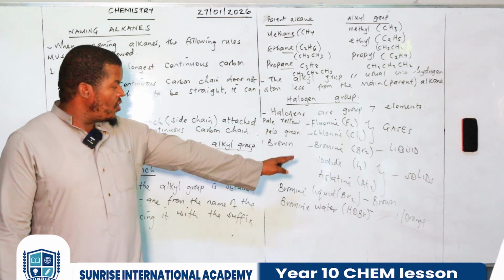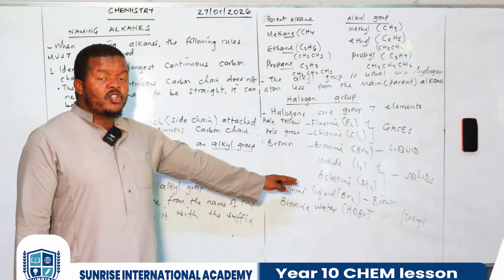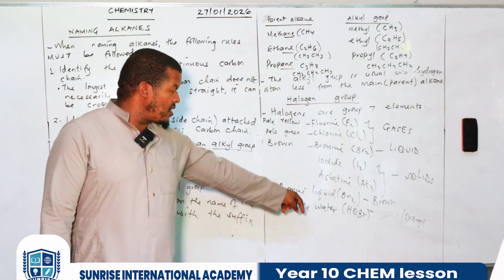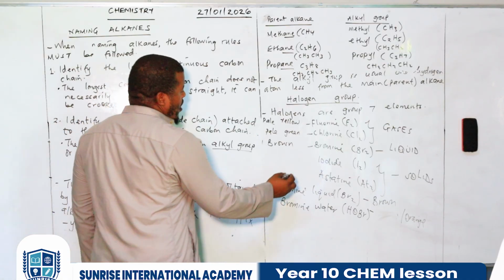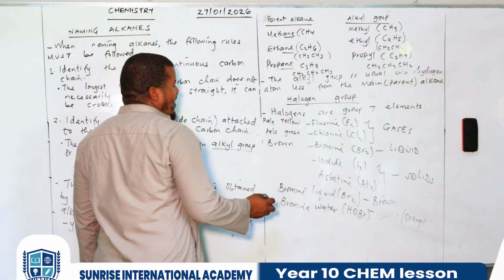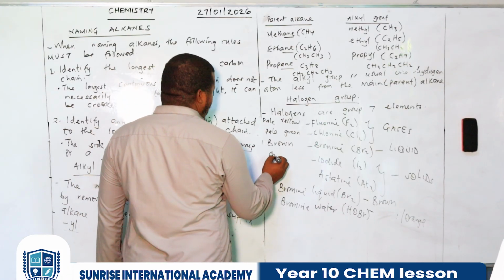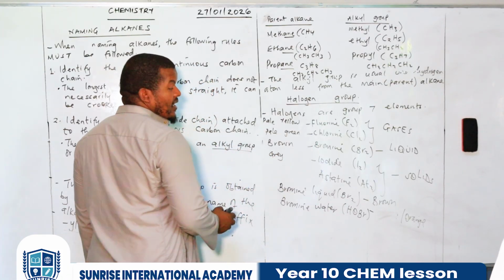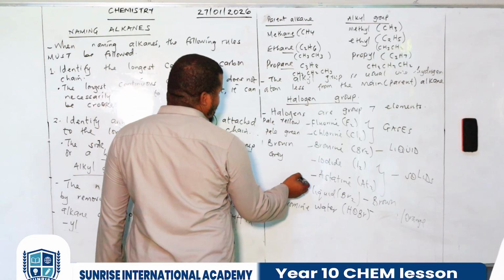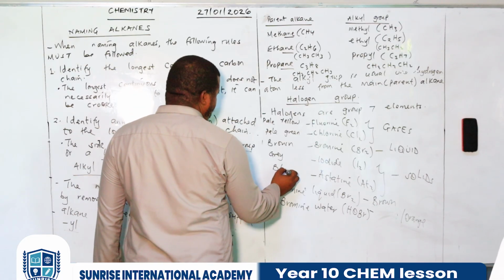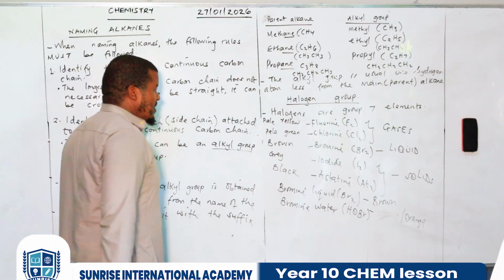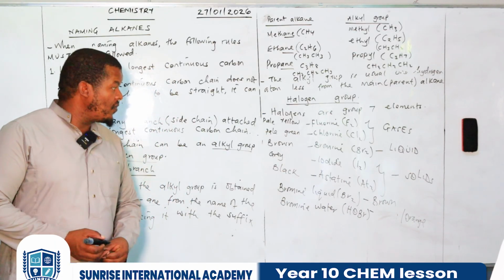So you need to know what they're talking about in any particular question so that you're able to differentiate. All right. Iodine is shiny gray solid. Astatine is a black solid. So it's important for us to know that.